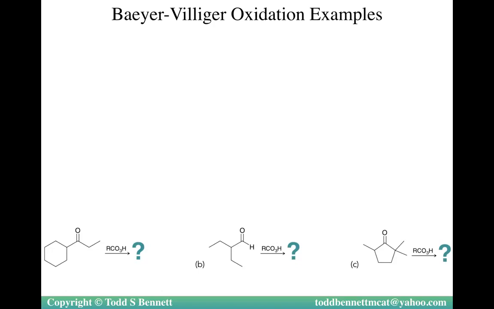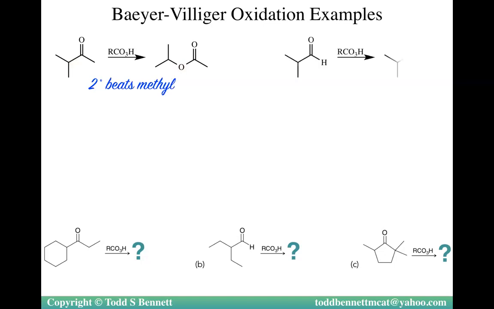In this case, I have a reagent where I have a secondary carbon and a primary carbon, or more so, a methyl group. Notice the O inserted into this side, so we have secondary beating methyl. We also have, in this case, an aldehyde. Aldehyde actually beats, the hydrogen beats the secondary.